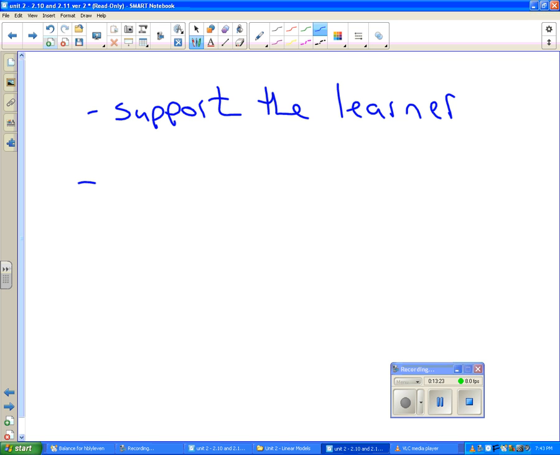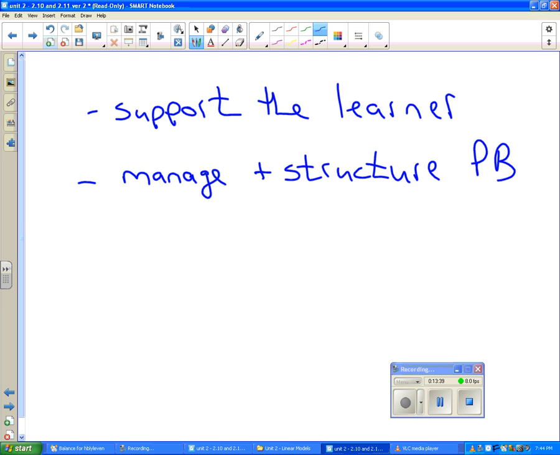We can also use this tool to help me, the educator, manage and structure my project-based learning lessons. And I think that for me is the key part. How do I help my students manage and structure their learning?